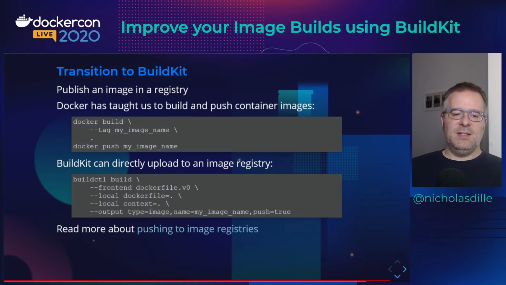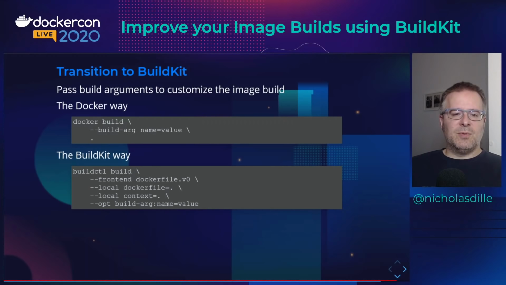The output is a bit more complicated. You tell it that you want output of type image, then you pass it a name, and that you want to push this to a registry. So the syntax is a bit different from Docker, but it doesn't take that long to get used to.